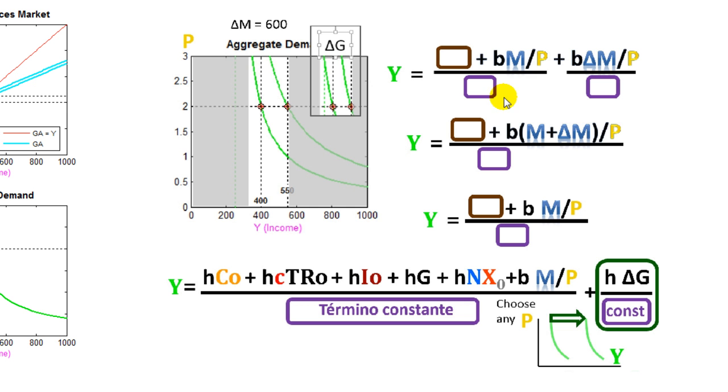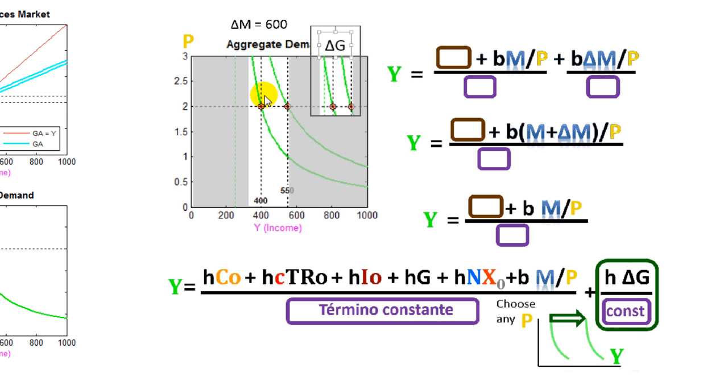Therefore, you have the same thing that you had before, plus this term that does depend on P. What does it mean? As P increases, because you have a division here, this term is smaller. You can see this effect here. As P goes from 2 to 3, this value gets smaller. You can see here that it gets smaller.